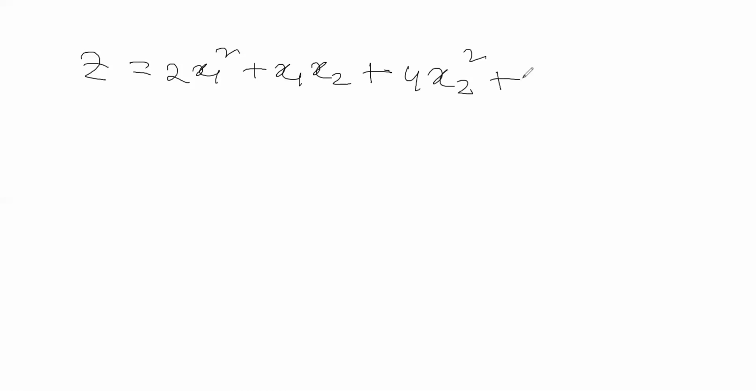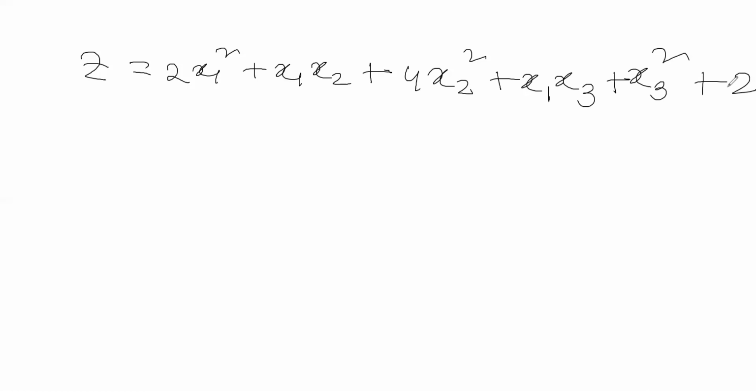So this is an example where the given function is z is equal to 2x1 square plus x1 x2 plus 4x2 square plus x1 into x3 plus x3 square plus 2.